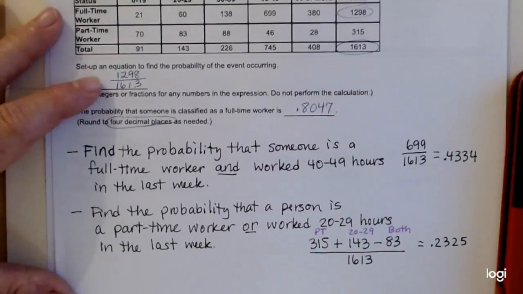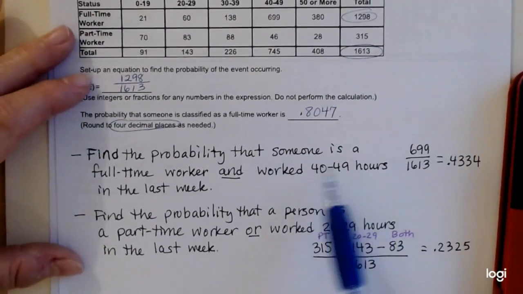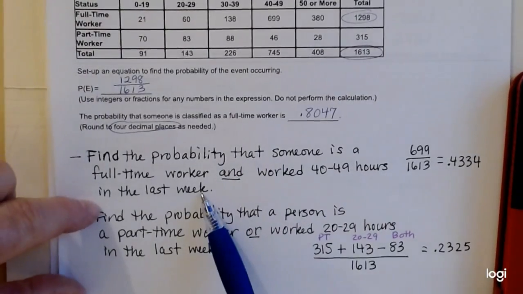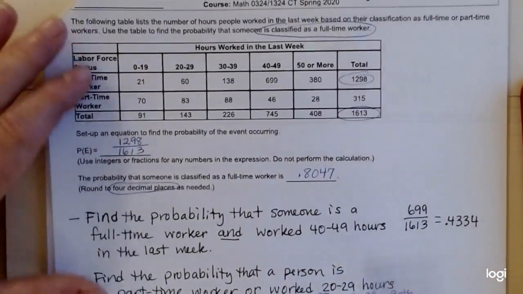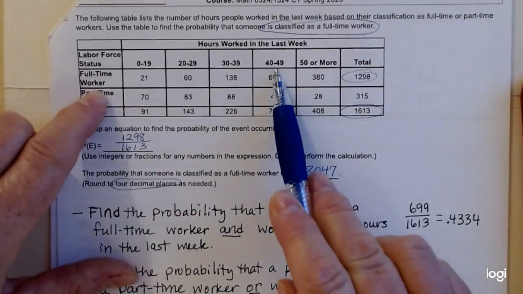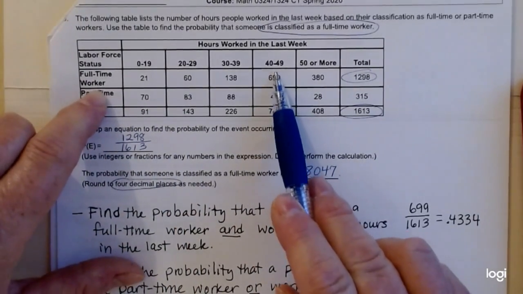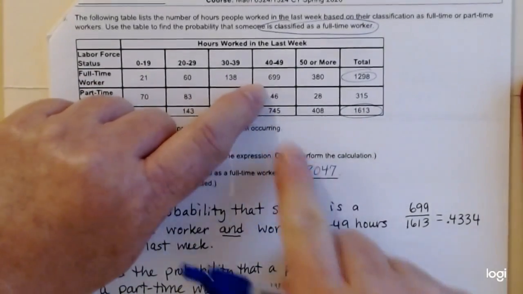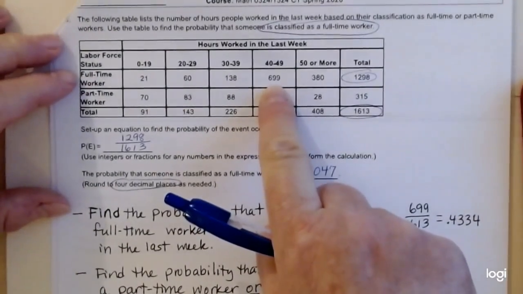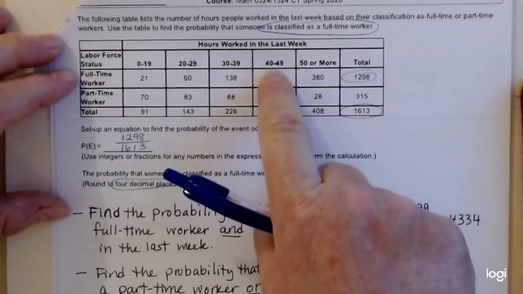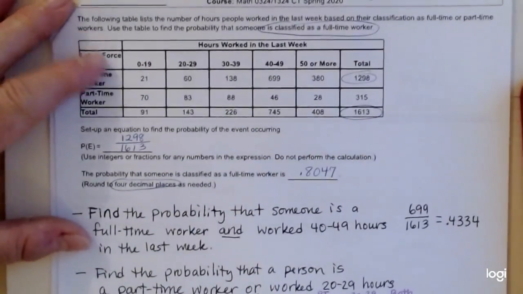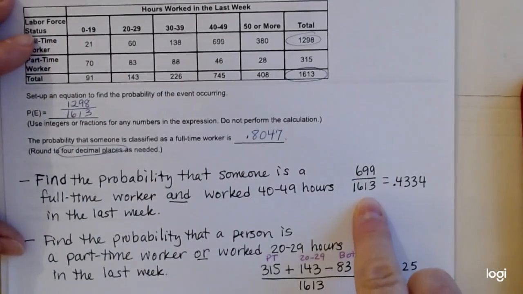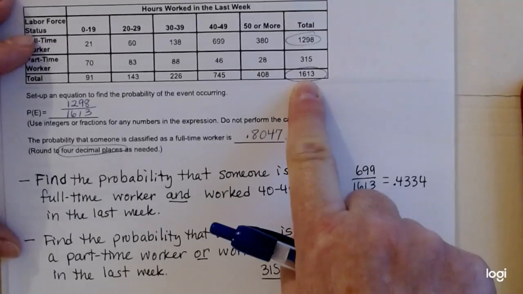Then the questions that I've added here: find the probability that someone is a full-time worker and worked 40 to 49 hours in the last week. Well, that's going to be where full-time worker and 40 to 49 hours last week intersect. So that's going to be this group right here, which is 699 people who were full-time workers and said they worked 40 to 49 hours in the past week. So the 699 is our numerator, and our denominator is still 1,613.